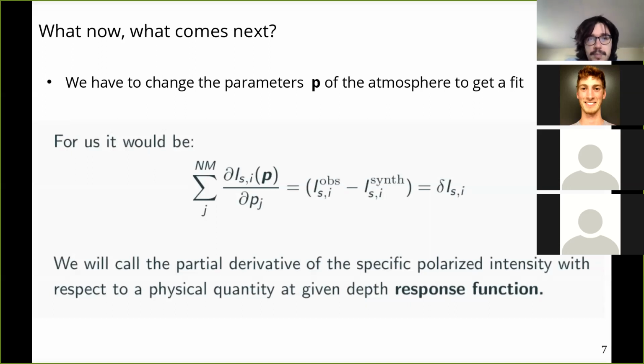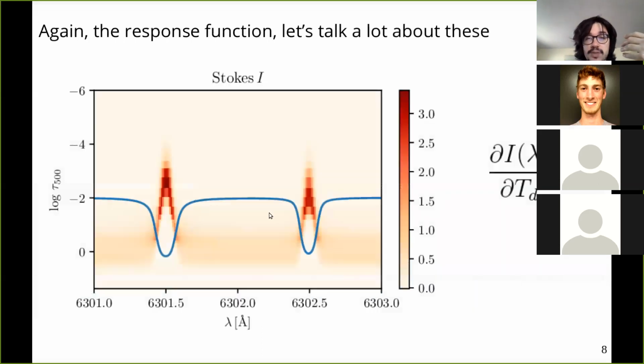This partial derivative of the outgoing intensity, for different Stokes components at different wavelengths, with respect to individual physical parameters at different depths, is called the response function. We have seen them before, and we're going to see a few more of them today.